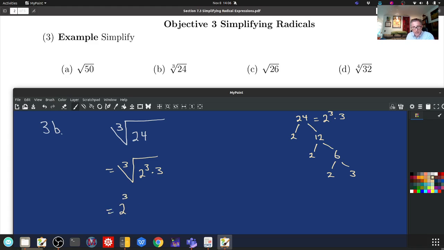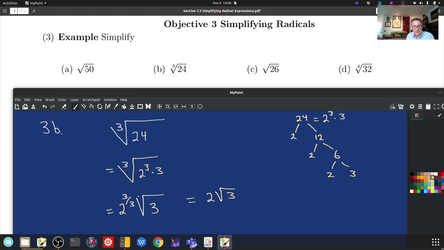The price for doing that is I have to divide the existing exponent, which is 3, by the index value. The 3 has to stay underneath there. But 2 raised to the 3 divided by 3 is just 2 raised to the first power, which is just 2, times the third root of 3.